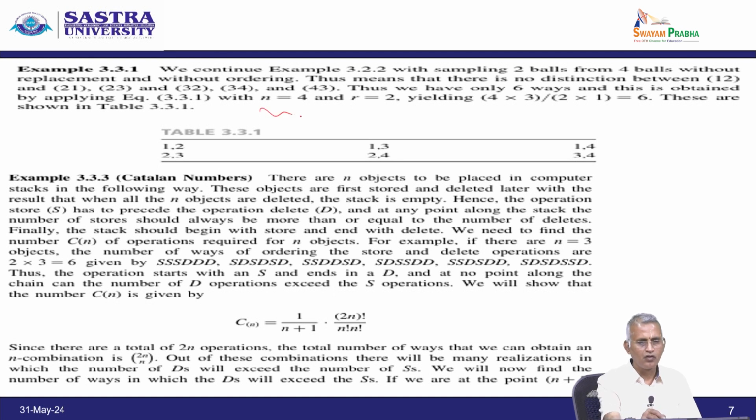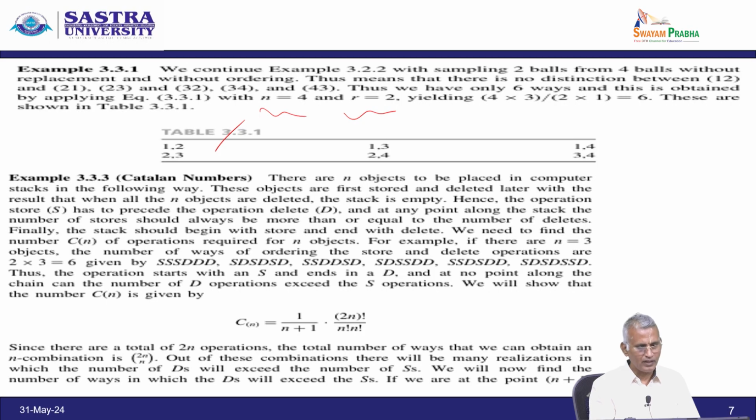You take n equal to 4 and r equal to 2, which yields 4C2. 4C2 is 4 into 3 by 2 into 1, which is equal to 6, as shown in the figure of the table: 1 2, 1 3, 1 4 and 2 3, 2 4, 3 4. This way, without distinction between the 4 balls, out of 2 balls, we get 6 ways, which we can display as the possibilities.